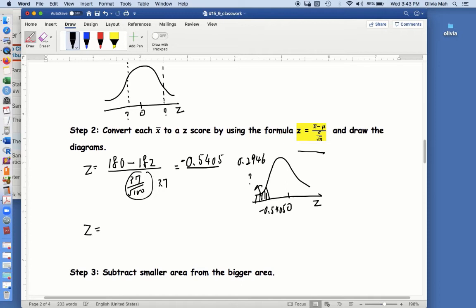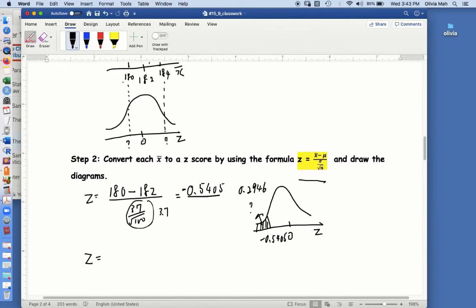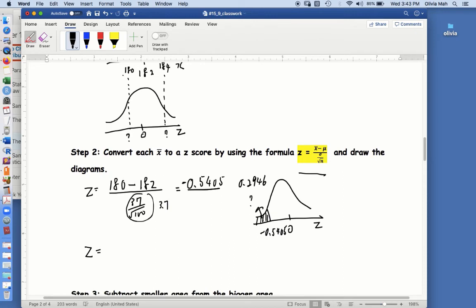Now you just repeat the procedure again. Find the z for 184. When x bar is 184, minus mu, divided by 3.7, this time we will have a positive number because 184 is bigger than 182, 0.5405. The diagram that we're going to have is like this.